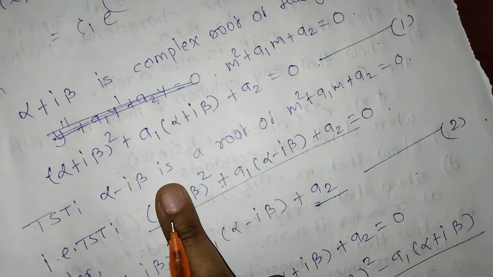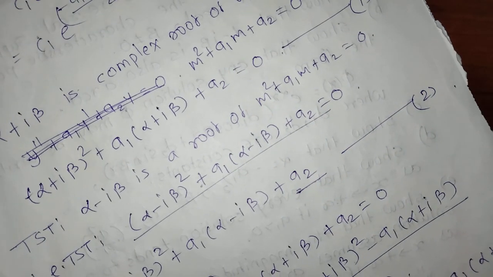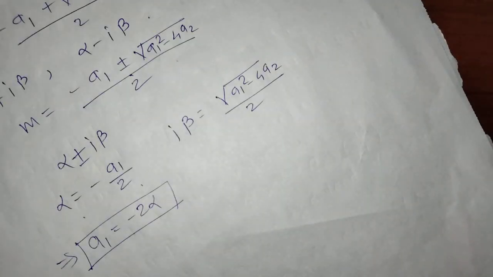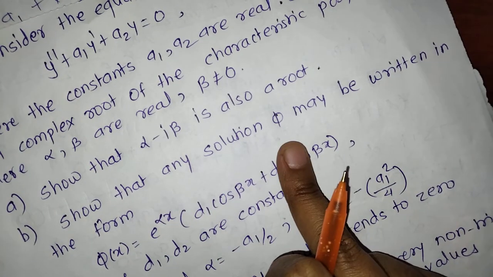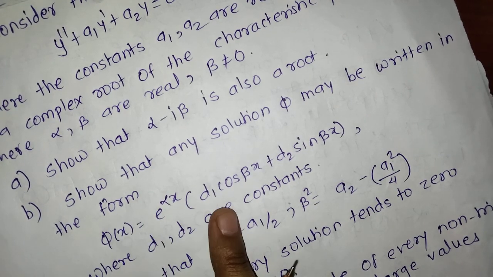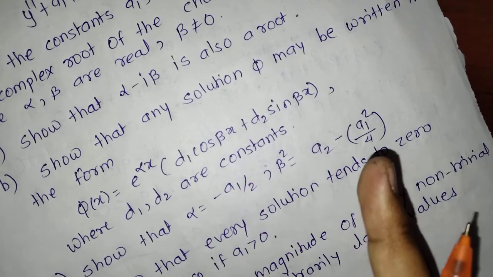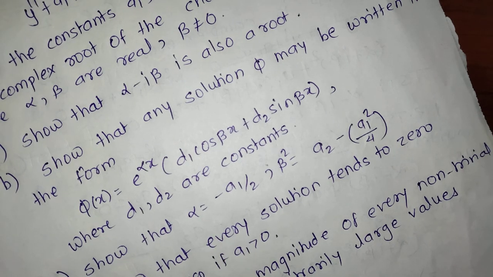So alpha minus i beta is also a root of the characteristic polynomial of the given differential equation. Now second, show that any solution phi may be written in the form phi of x is equal to e raised to alpha x into d1 cos beta x plus d2 sin beta x, where d1, d2 are constants.